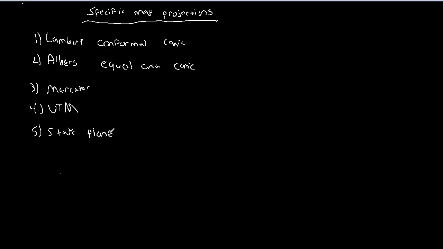So the reason that I want to talk about these, the top three, and more importantly the top two, is that these are used exclusively or mostly exclusively for maps of the US or maps of multiple states.